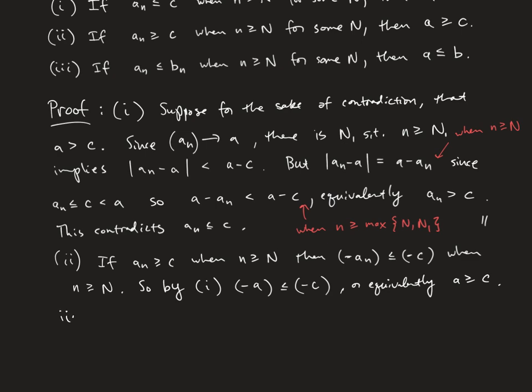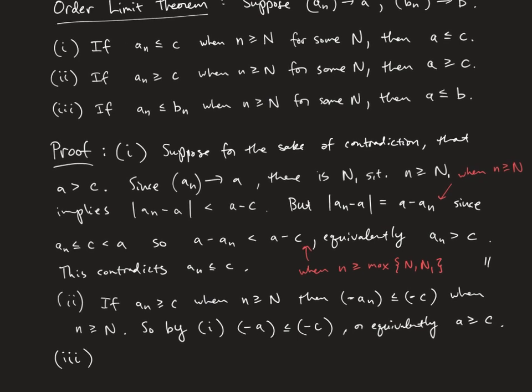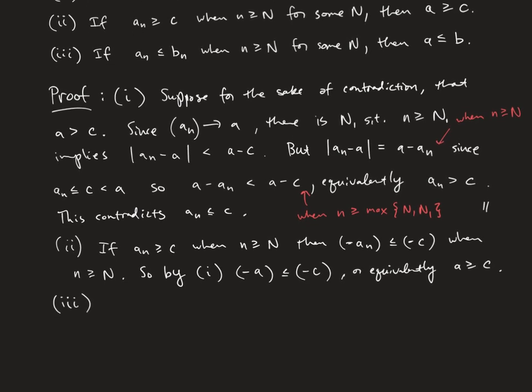And then 3 is actually not really any more difficult. We can just reduce this to the case of 1. By assumption, the sequence a_n minus b_n is less than or equal to 0 when n is bigger than or equal to N. Thus, A minus B is less than or equal to 0 by 1.